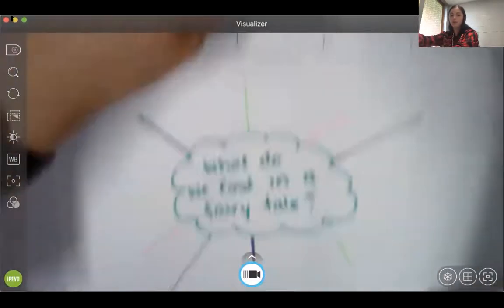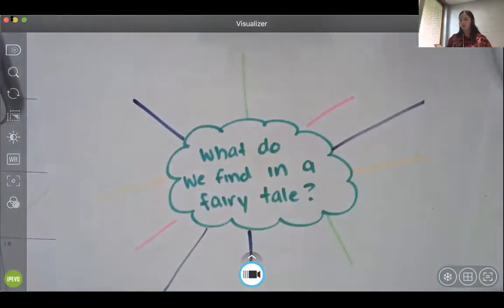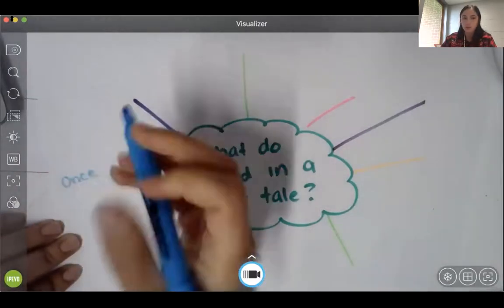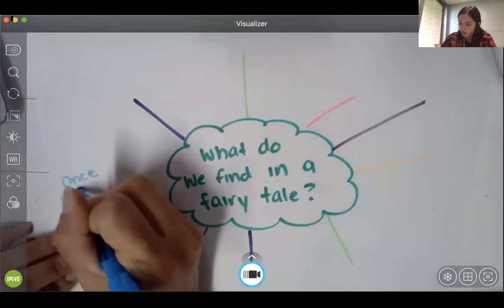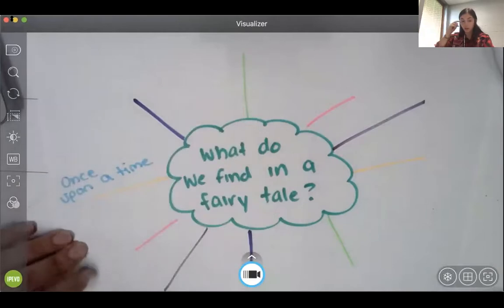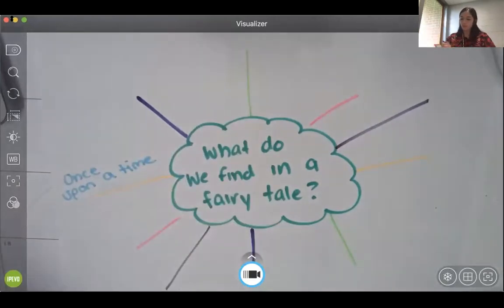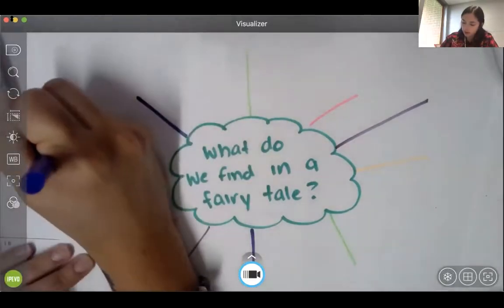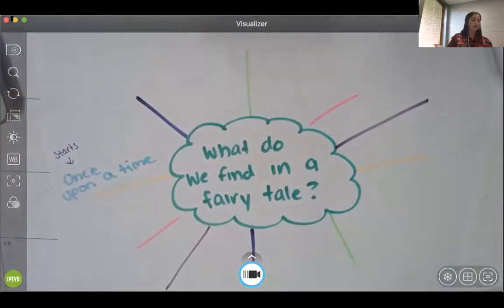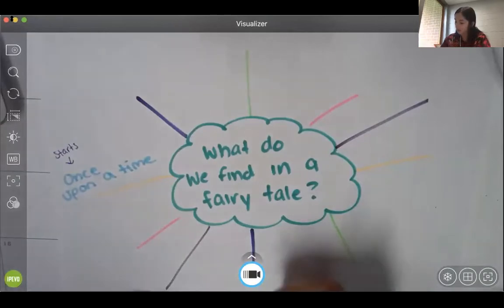And I will put this up for us. So one thing was how it started. The book started once upon a time. That's how it started. How did it end? So it ended happily ever after. So we could put that down there.